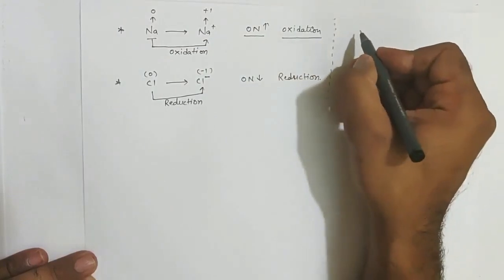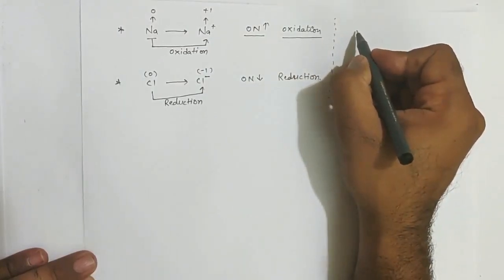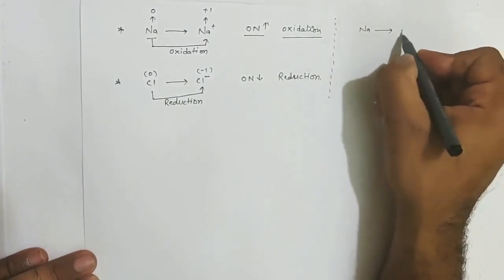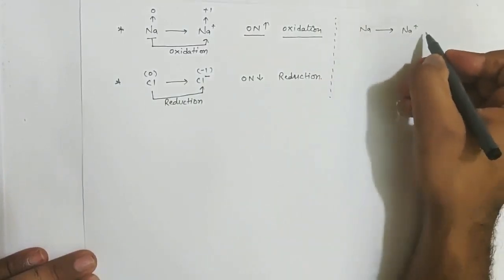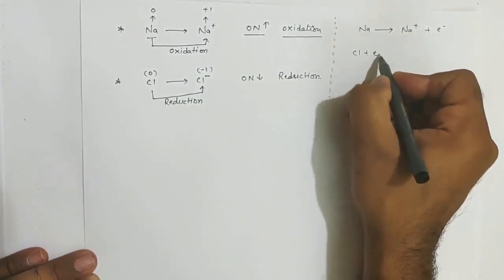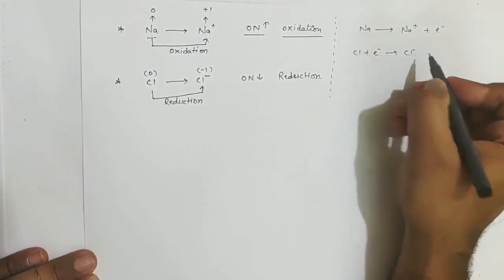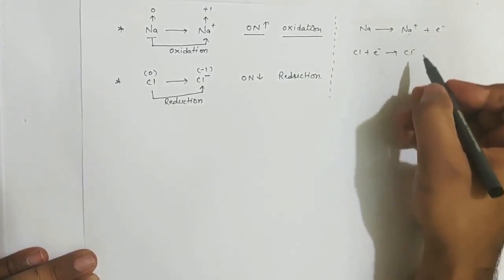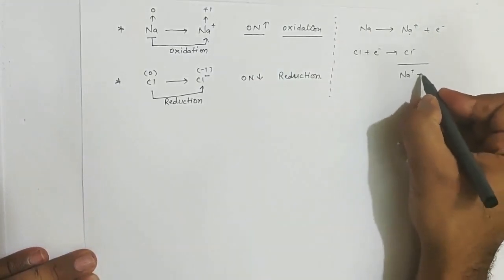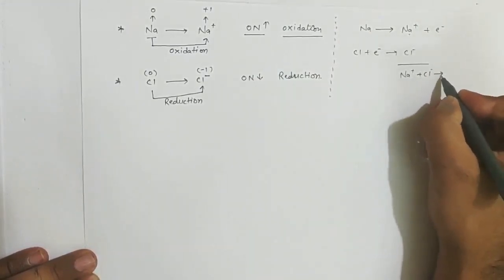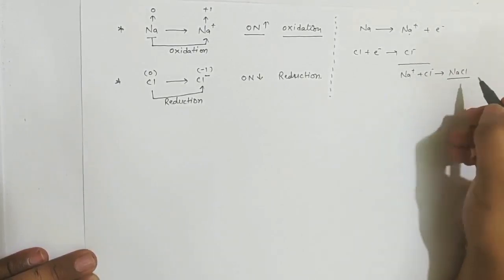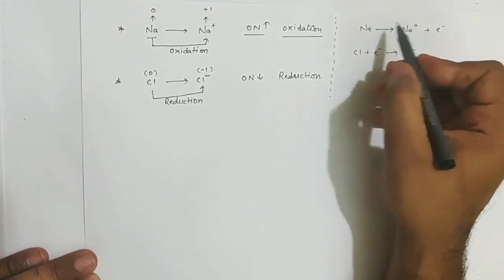So during the formation of NaCl, sodium converts from Na to Na+ with loss of electron. On the other hand, the chlorine atom accepts this electron to form Cl-. Na+ and Cl- being opposite in charge, they will attract each other and combine together to form NaCl. So during the formation of NaCl, there is an oxidation process.